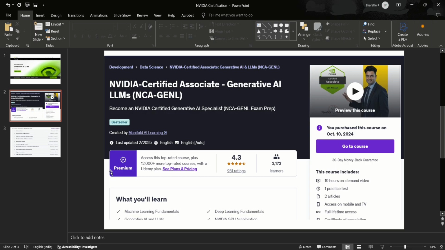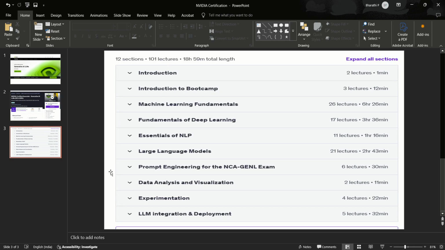Why I recommend this course as the first step of the certification preparation is that it has certain modules which are directly related to the modules I've shown on the certification page. As you can see: machine learning fundamentals, essentials of NLP, prompt engineering for the NCA generative AI exam, data analysis and visualization.